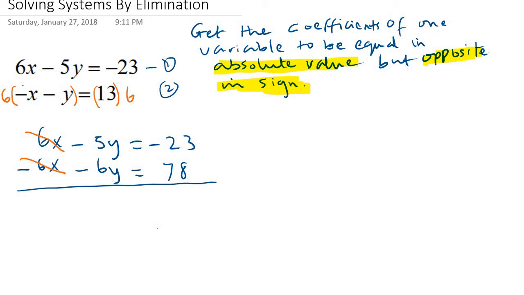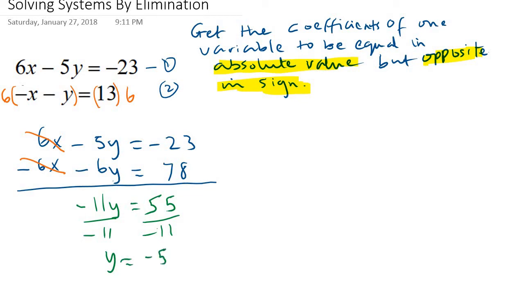When I add them together, it will be negative 11y equals 78 minus 23, which gives me 55. So now I can divide both sides by negative 11, and y will be negative 5.